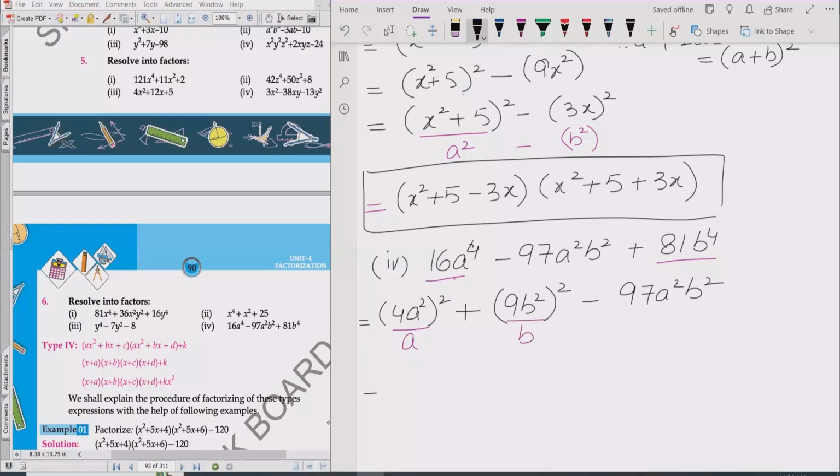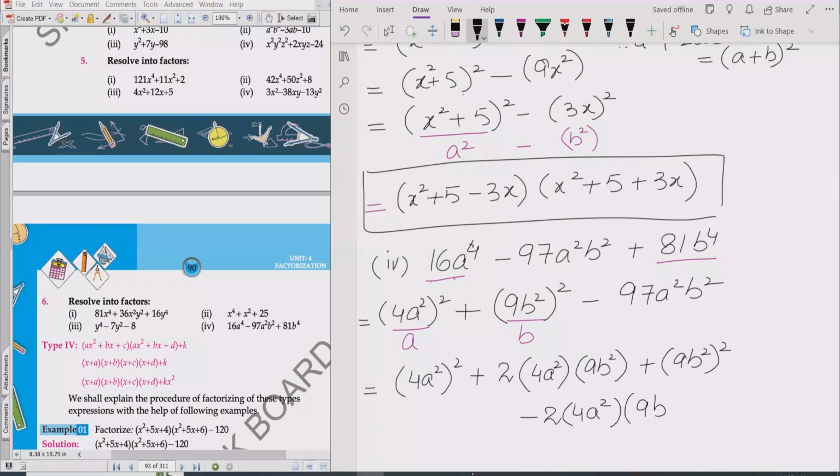So we can add a few terms here: 2 times 4a^2 times 9b^2, plus (9b^2)^2. Because we are adding this term, we have to subtract this term as well: 72a^2b^2 minus 97a^2b^2, right?